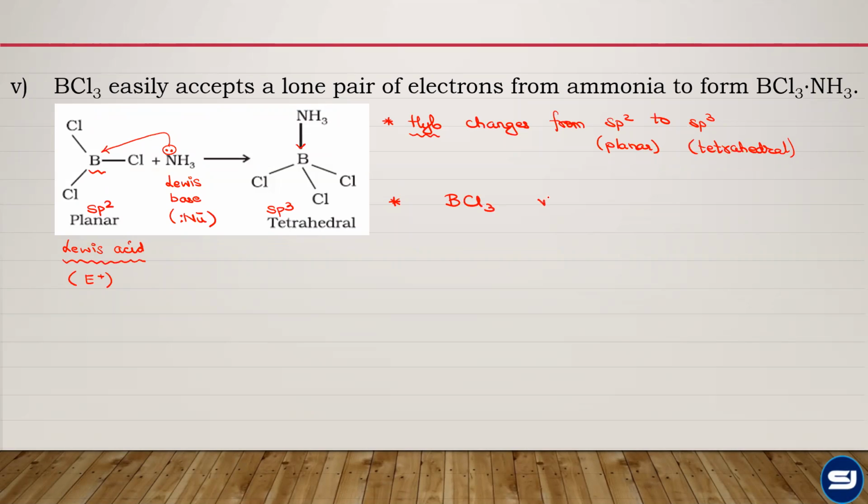BCl3 versus AlCl3. If I talk about the existence of the compound, BCl3 exists as a monomer, लेकिन AlCl3 is found to exist as a dimer.